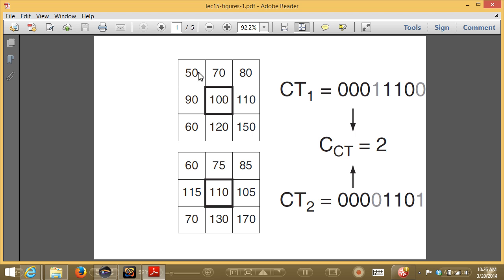So if I follow this around, 50 is darker than 100, so my first bit is 0. This is darker than 100, so I have 0, 0, 1, 1, 1, 0, 0. I encode this block by this bit pattern of lighter or darker than the neighbors. That's what they call the census transform of that block.